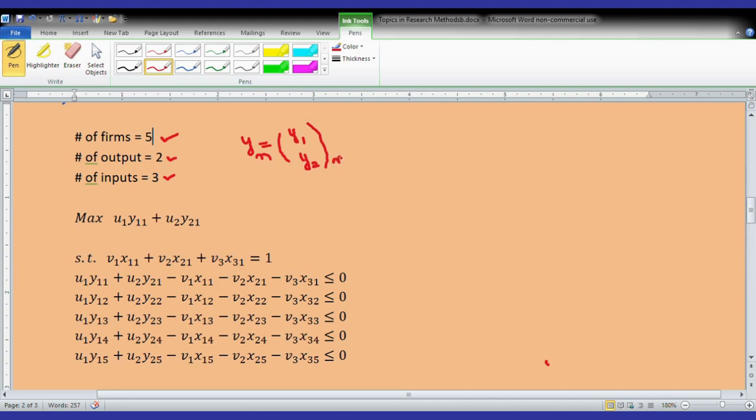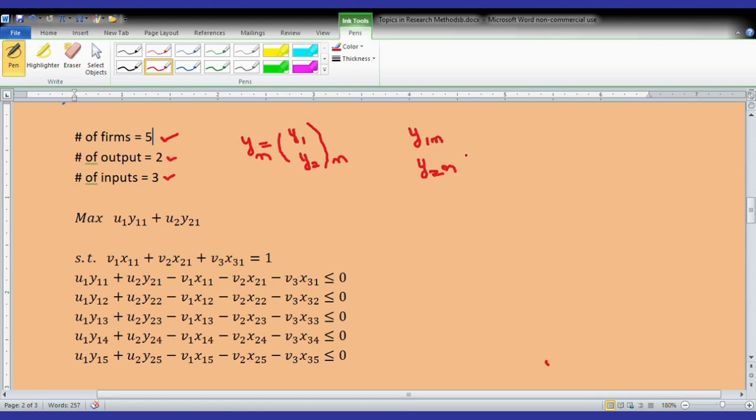So like this, the actual amount will be then y1n and y2n. See that the first subscript is indexing the output, and the second subscript is indicating the firm.